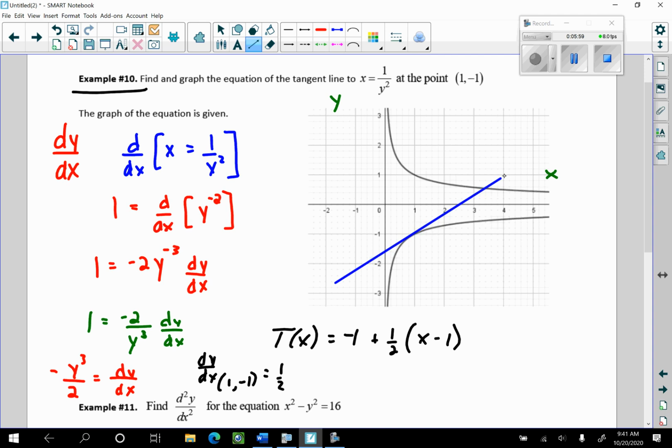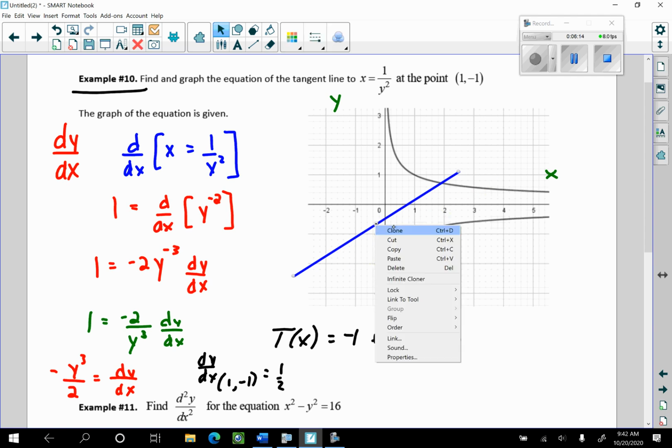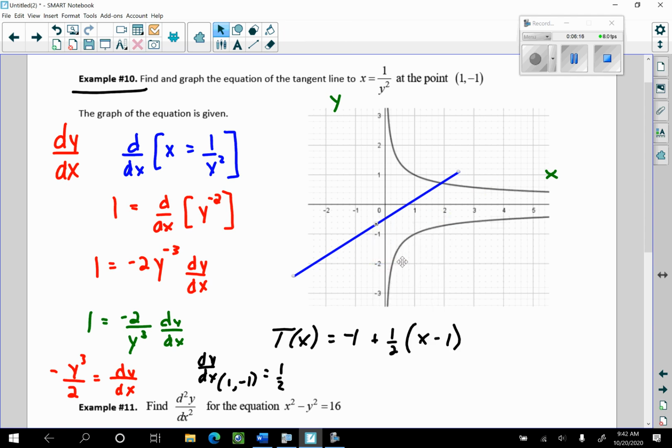And actually, my tangent line isn't quite right, because it should have a 0 right there, because it should be up 1 and over 2. So I'm going to fix my tangent line a little bit. That's a nice tangent line, big dog, because that tangent line goes up 1 over 2.